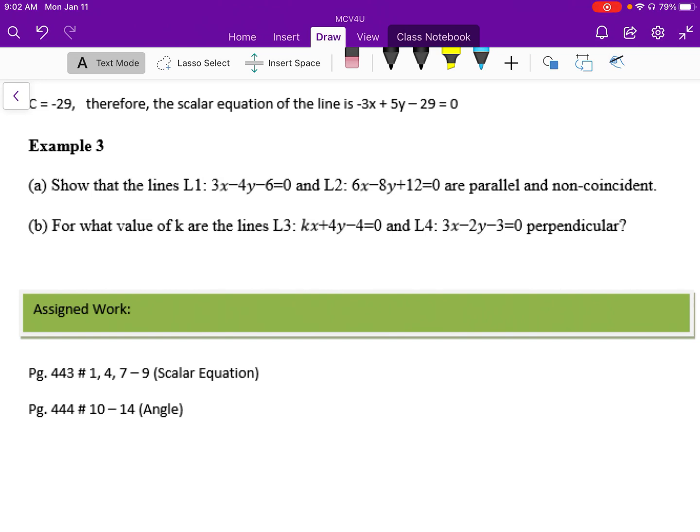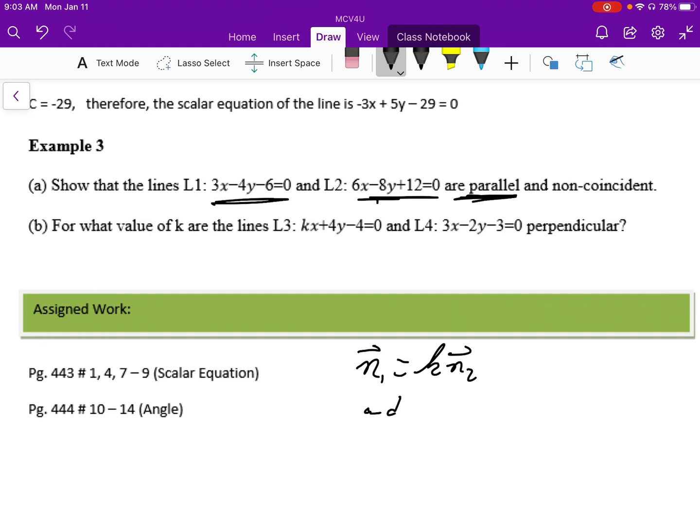In grade 9, parallel lines needed the same slope and different y-intercepts. Now in grade 12, we need to figure out that the normal vectors are scalar multiples of each other, and that gets it to be parallel.